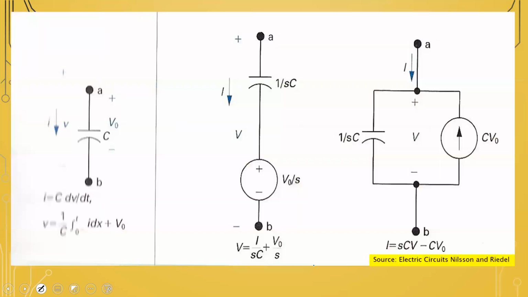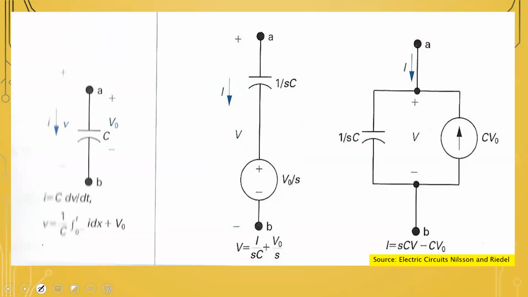All right, so for V, with my series connection, I have V equal to 1 over sC times I plus V0 over s. So this source is your V0 over s.